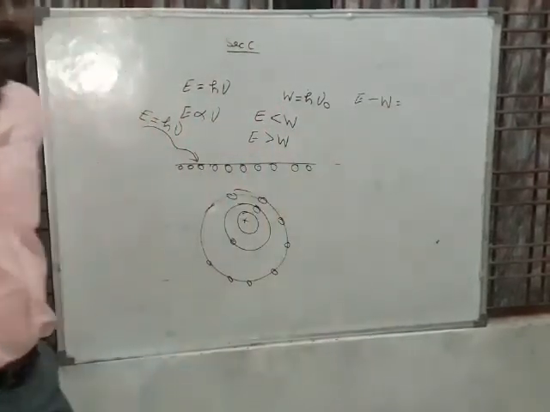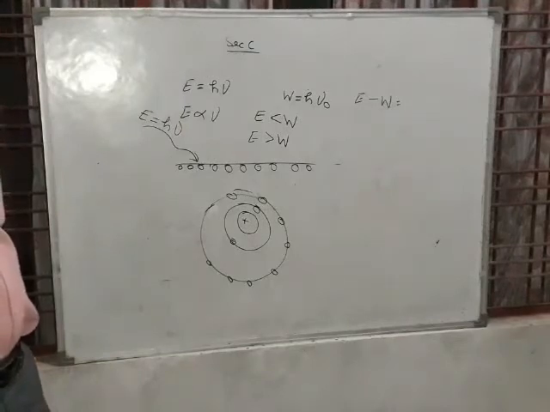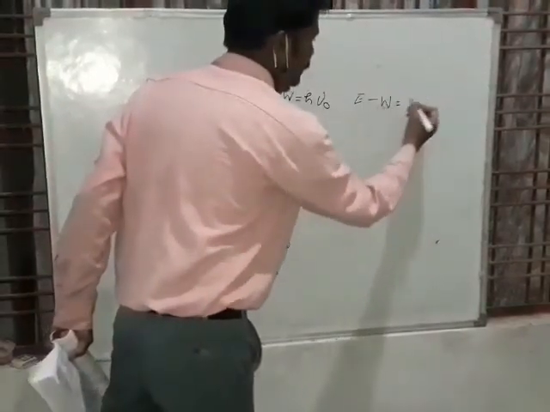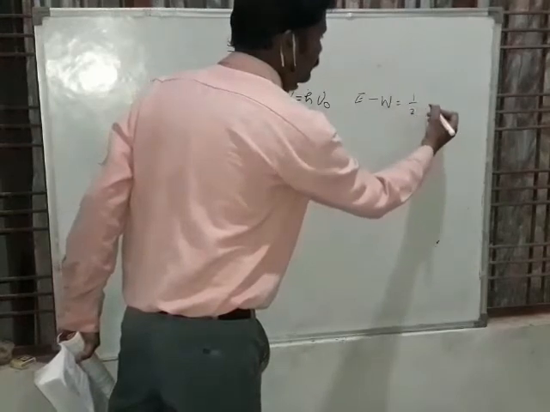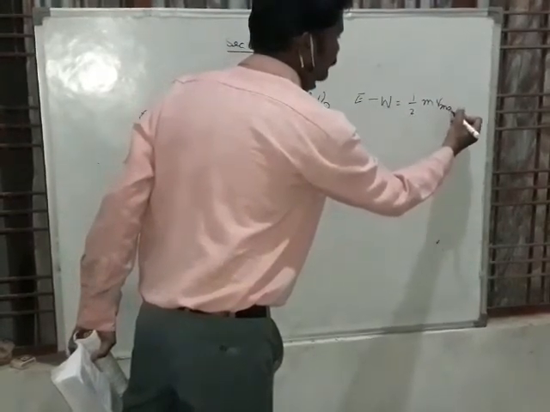will be converted into kinetic energy, which will make the free electron move from the metal surface, meaning E minus W equals half m v maximum square.